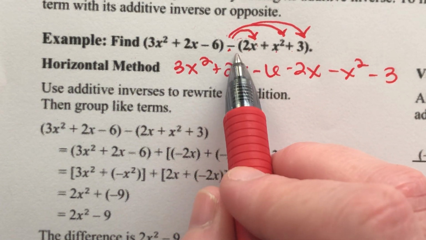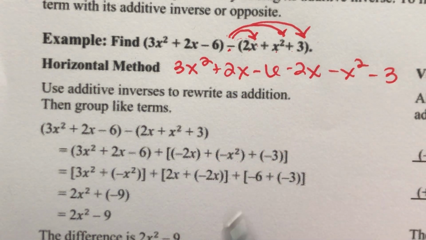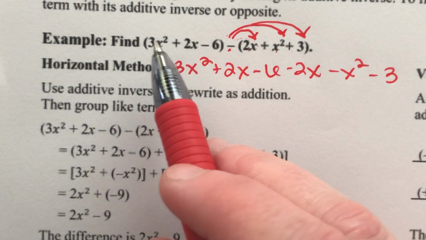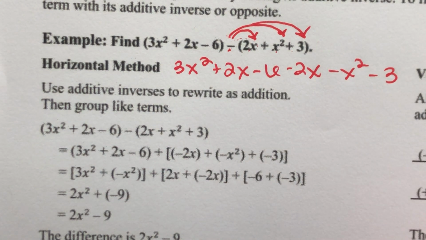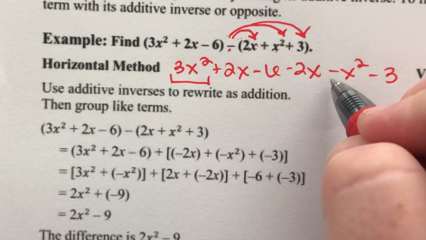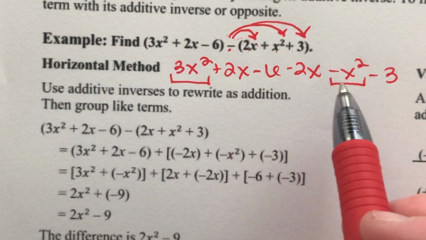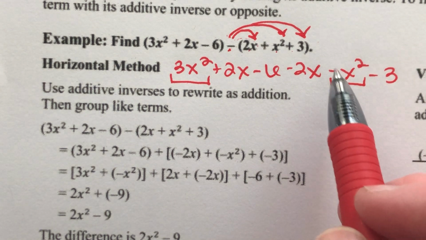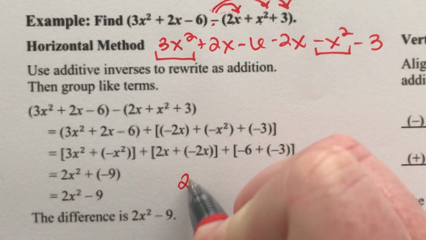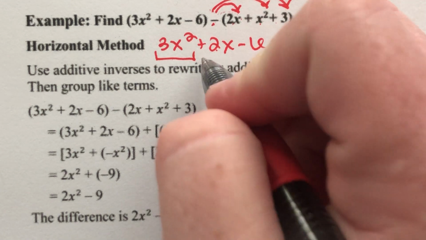It's really like a negative 1 out front, so we're multiplying each term by negative 1, which changed all the signs. And now we got rid of all the parentheses after we distributed, so now we can just combine like terms, right? 3x squared, we can combine it with negative x squared, right? Which is kind of what they did down here in just a roundabout way. So 3x squared minus 1x squared is 2x squared. And then I've got 2x and 2x.